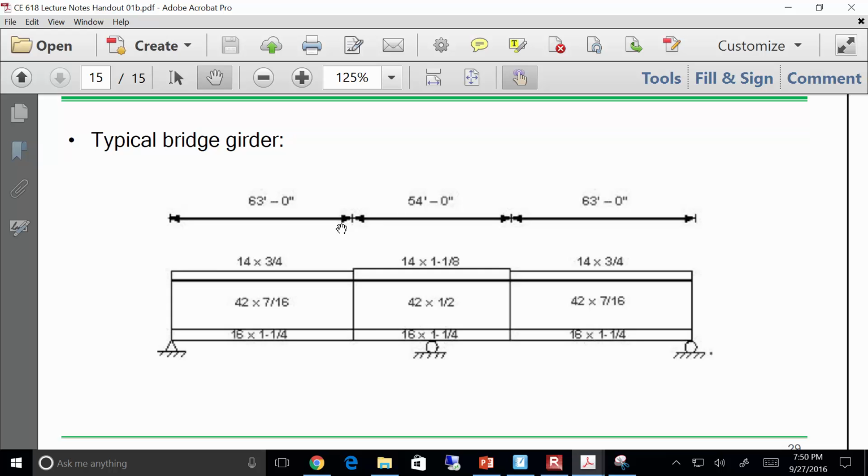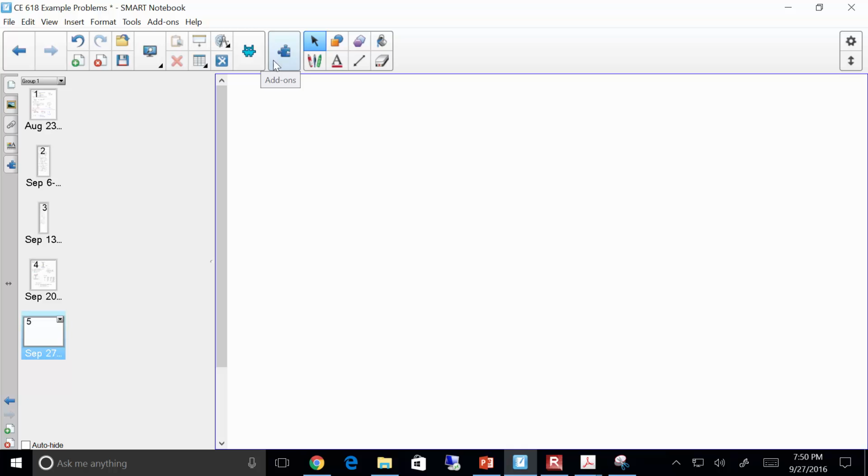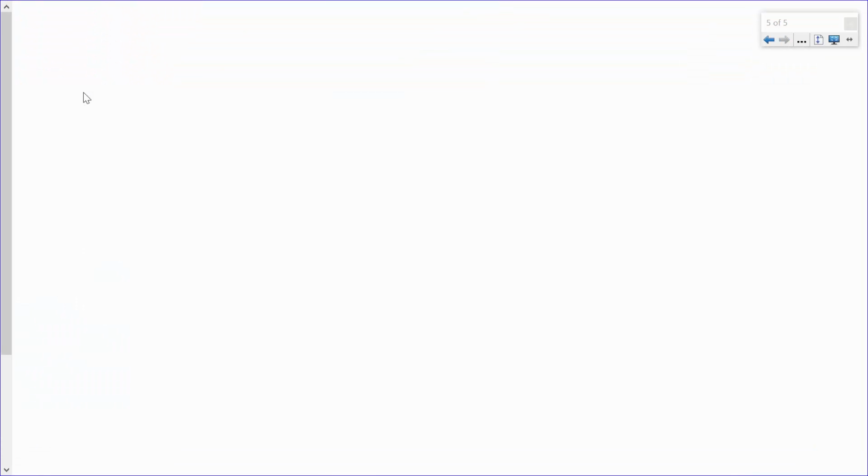So let's go into this plastic moment calc, and I think you'll see it's pretty straightforward. So maybe what I ought to do is say MP for a composite beam. Okay, so here's our section, okay?